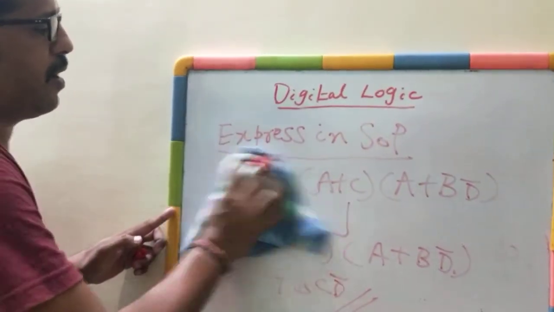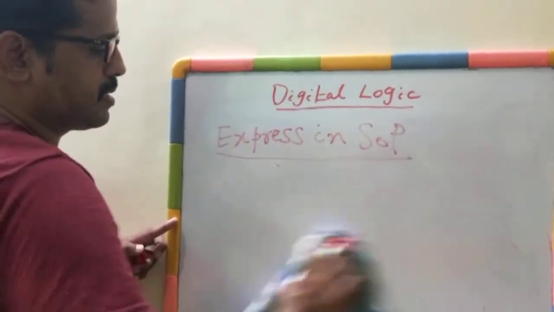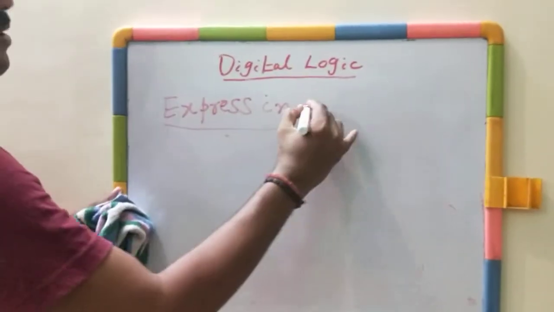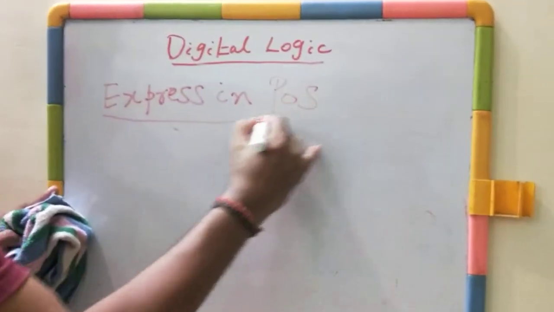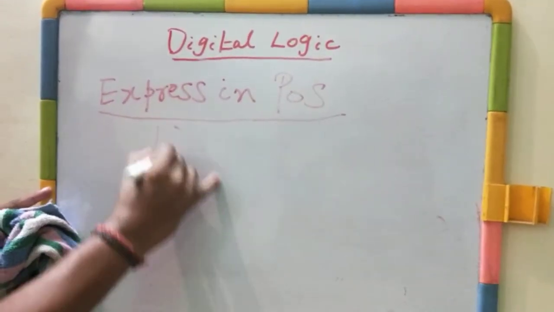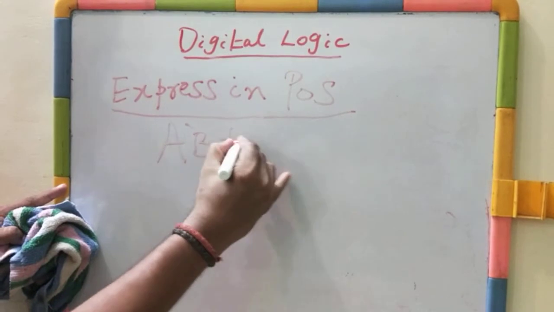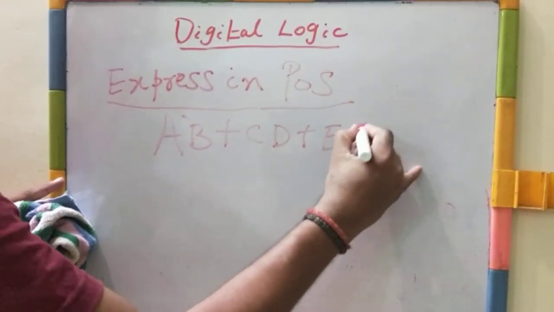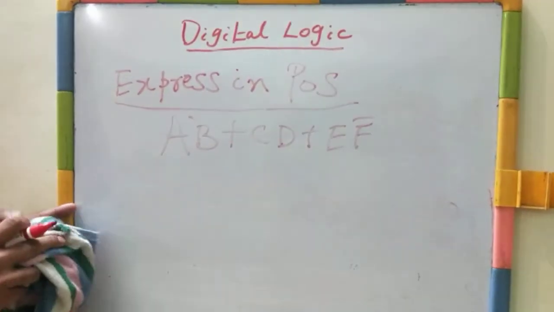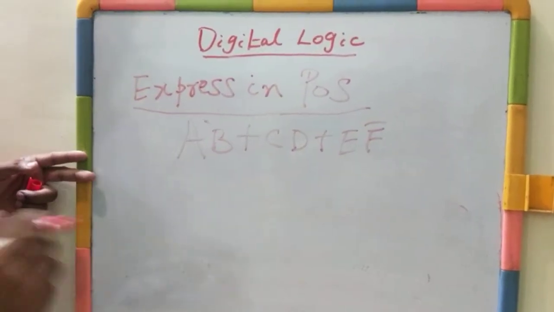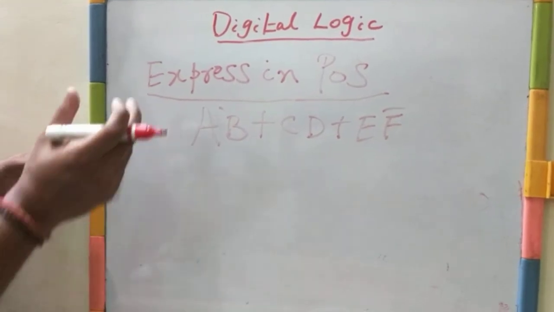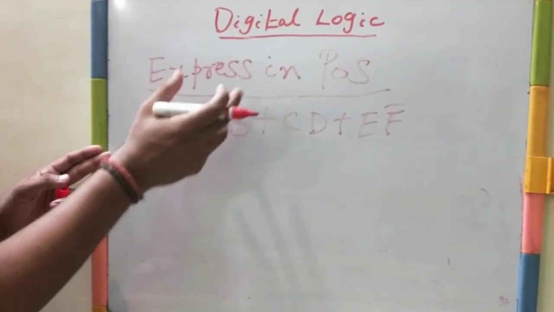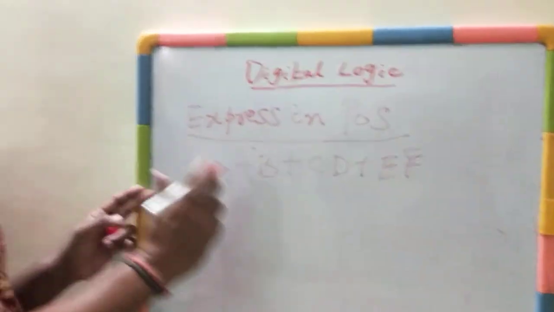Now we'll see an example for POS. Express in POS: AB plus CD plus EF dash. Here what we need to do is assume a particular term as a single literal, so that we can visualize the Boolean theorem.